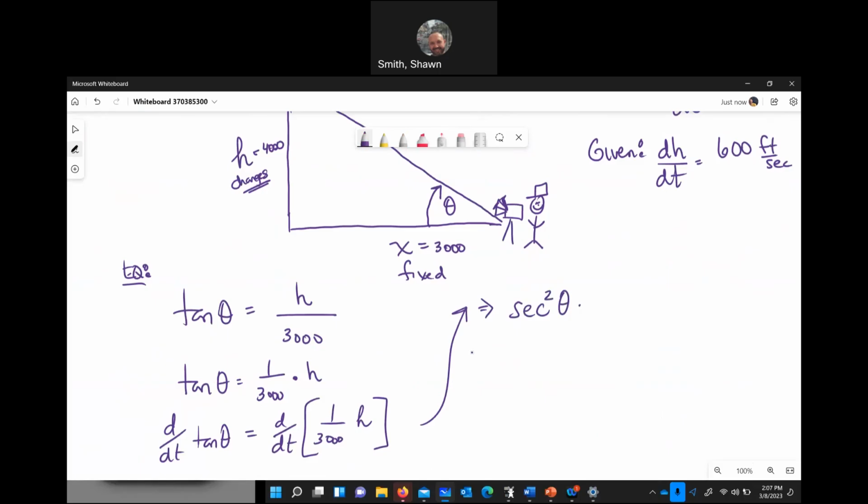But we're doing it with respect to time, so we've got to tack on the chain rule, d theta over dt. Over here, the derivative of 1/3000th H is just 1/3000 times dh dt.